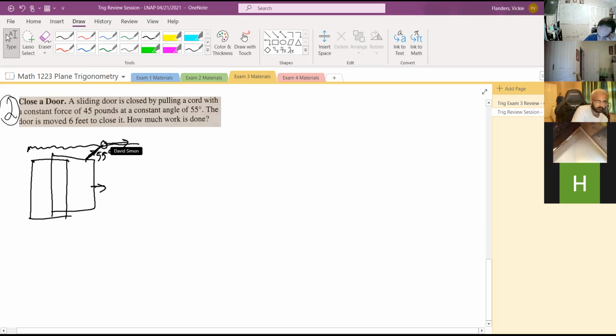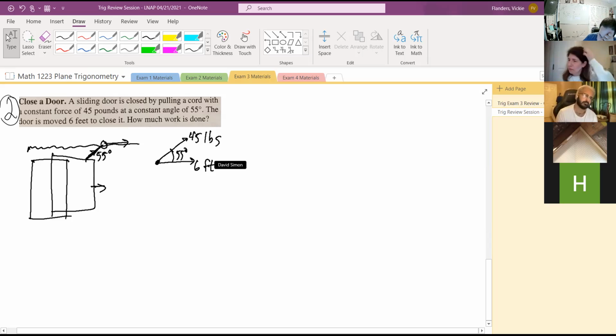The cord is attached at a point and pulling with 45 pounds, and the door is sliding this way, and it's 55 degrees between them, right? 6 feet. So it really is identical to the last one.